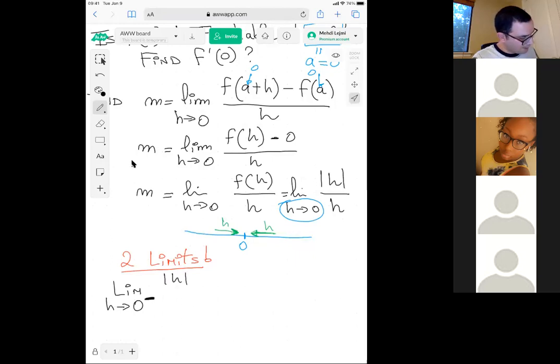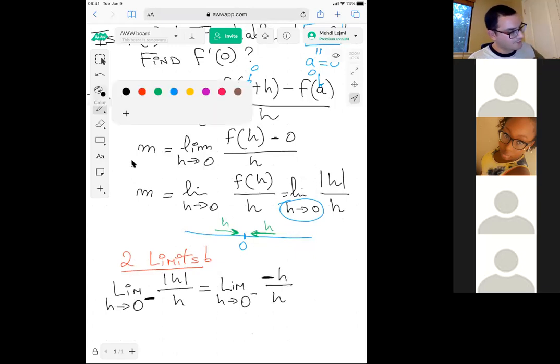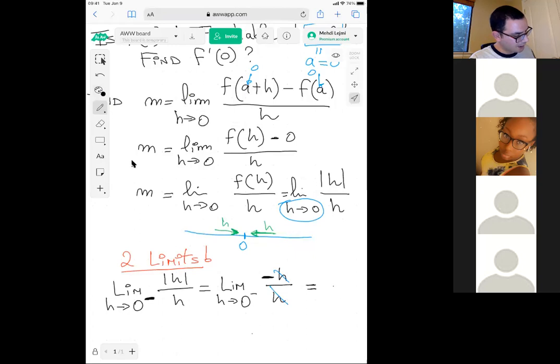Then in the absolute value of h over h, h would be negative, because h is on the left side of 0. So the absolute value of h would be minus h. So this is the limit as h goes to 0 from the left of minus h over h. Of course, the h cancels out, so it's just equal to -1.